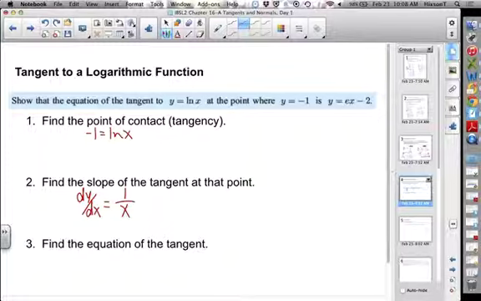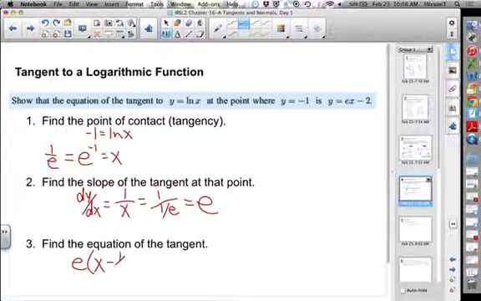You raise e to the power. You gotta use an e to get rid of the log: -1 is the exponent of e that gives us x. So x is 1 over e. So when I plug that in down here, my slope is e.